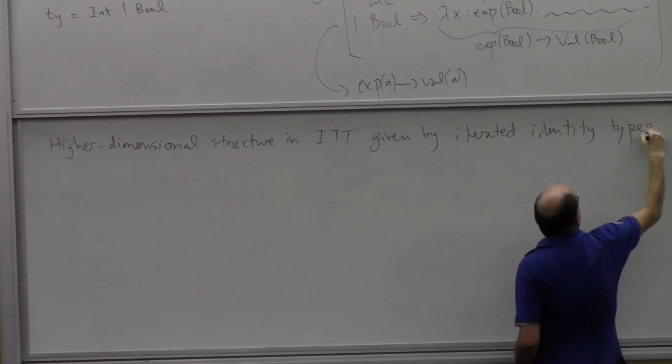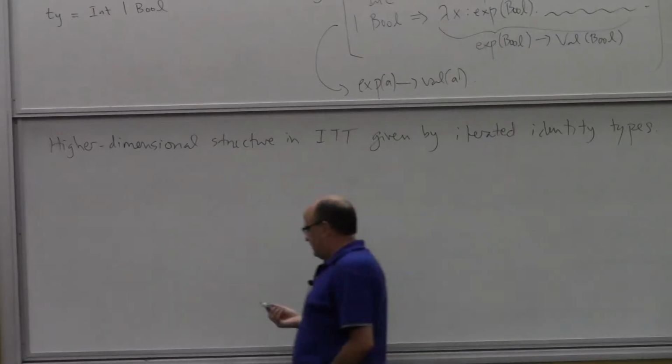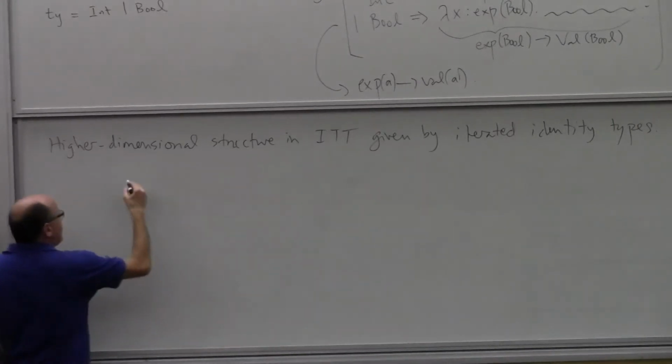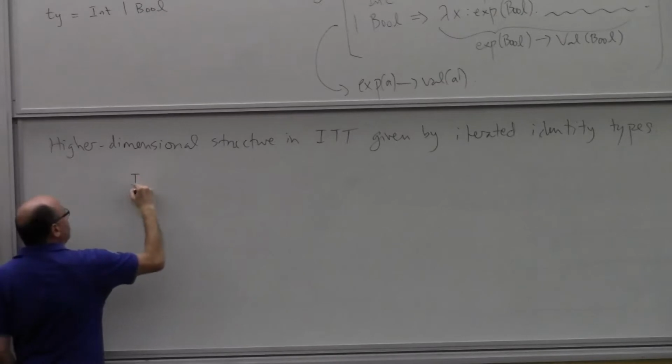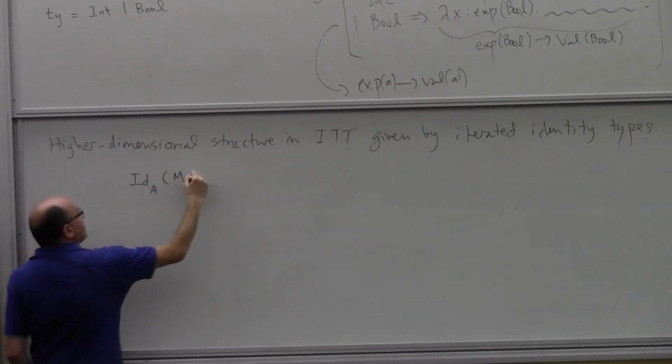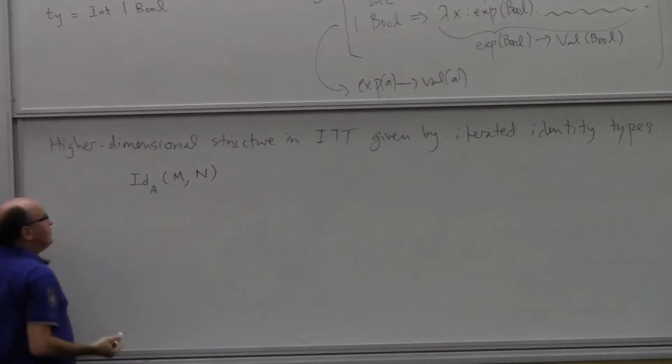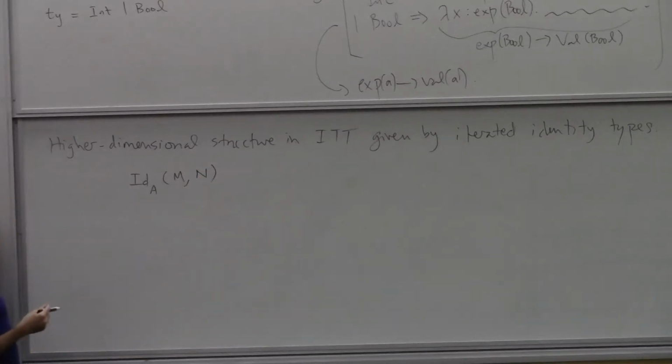This is a good way for you to remember what this is all about. We started out with a basic idea, like identity at some particular type A between elements M and N. So that would be our first dimensional structure.